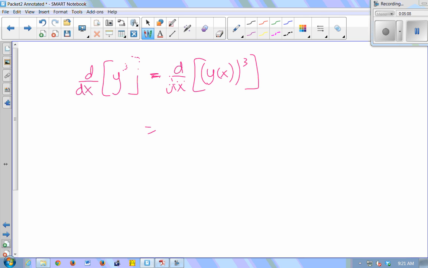Then you apply the power rule to the whole thing, and then multiply by the derivative of the inside function. The derivative of y of x would be dy/dx, or y prime. So it's the chain rule, and it's because y is a function of x. You apply the outer rule to y, and then multiply by the derivative of the inner function, which is y.